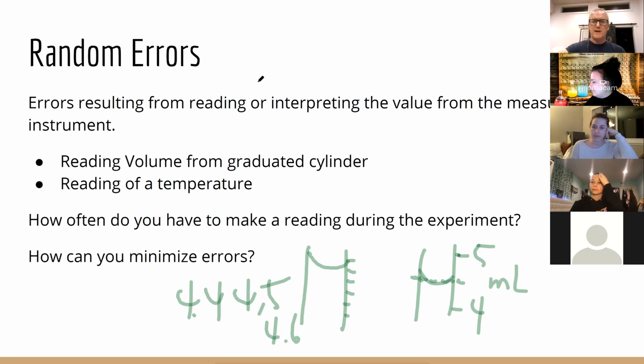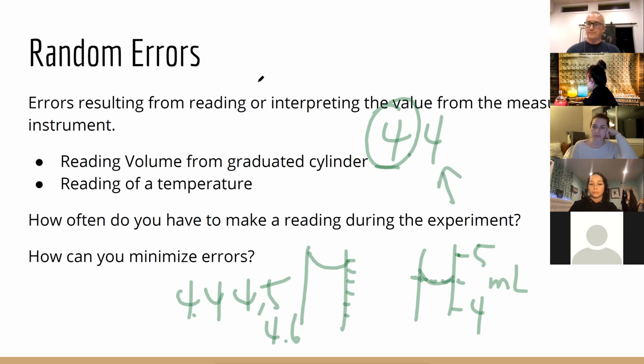So when we measure 4.4, we know it's more than 4 and it's less than 5. So this is clearly significant. But this is significant too, because it's your estimate as to what that in between 4 and 5 is. That's also a significant digit. So you would get 2 sig figs from this.